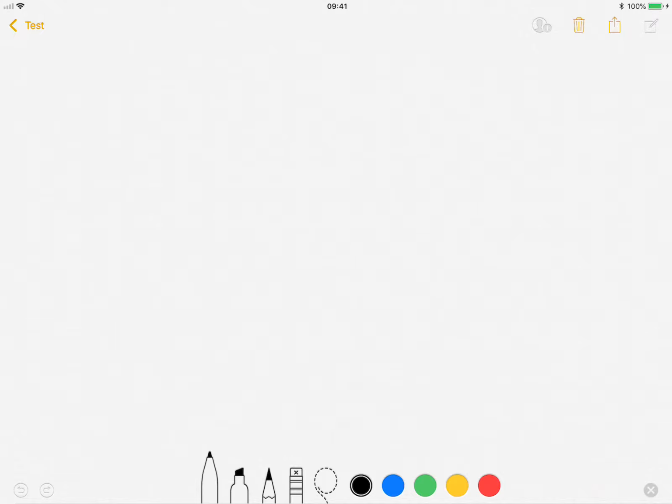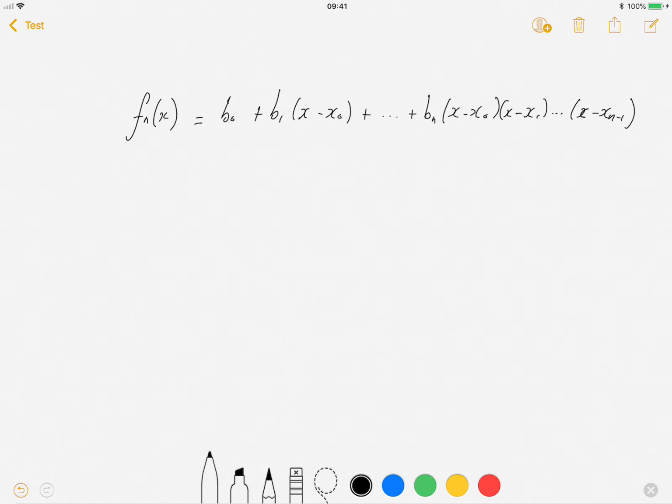So now the general form of Newton's method is fn(x), where n stands for the order of the polynomial, is equal to b0 plus b1(x minus x0) plus, up to, bn times (x minus x0)(x minus x1) all the way to (x minus x(n minus 1)).